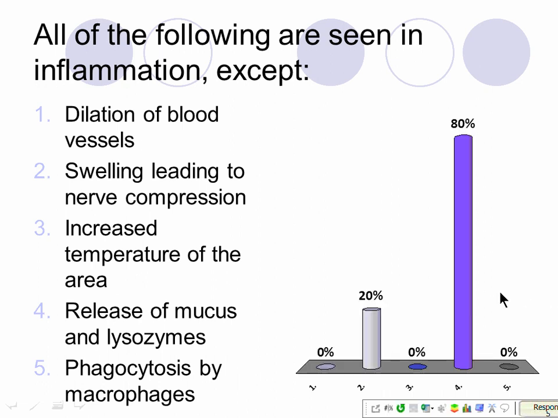Yes, release of mucus and lysozymes. You don't see that. We never mentioned anywhere in our PowerPoint slide or even in that video about mucus being released or lysozymes, which are bactericidal enzymes which are released. We didn't talk about that, but everything else is present.